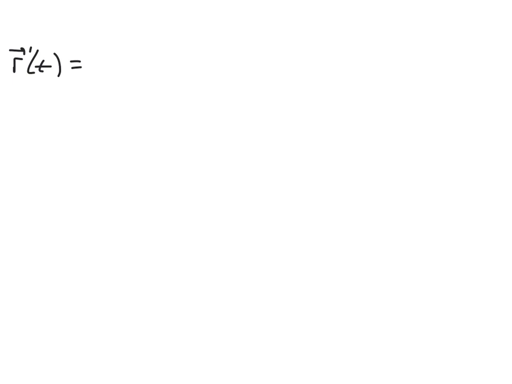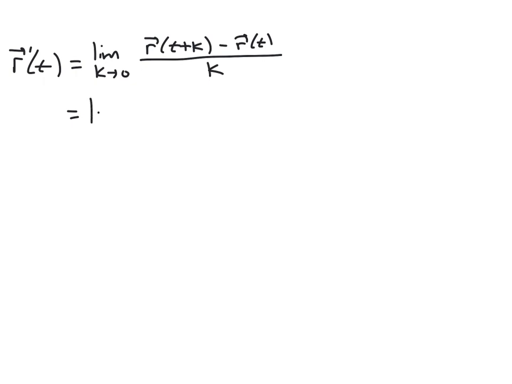So r prime of t, we know by definition, is the limit as k goes to 0 of the vector r of t plus k minus the vector r of t, all divided by k. So now we can go back and rewrite these vectors r in terms of the component functions f, g, and h.